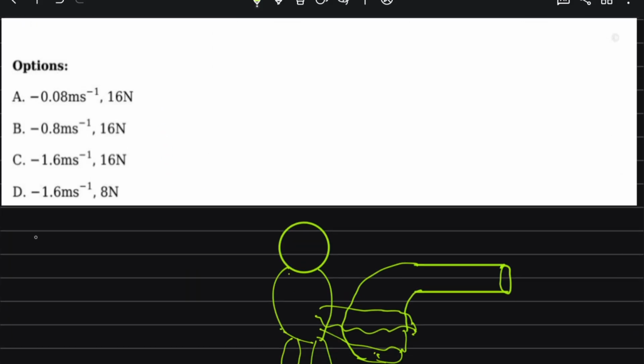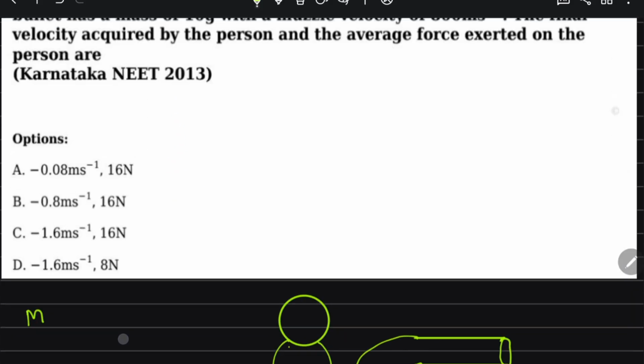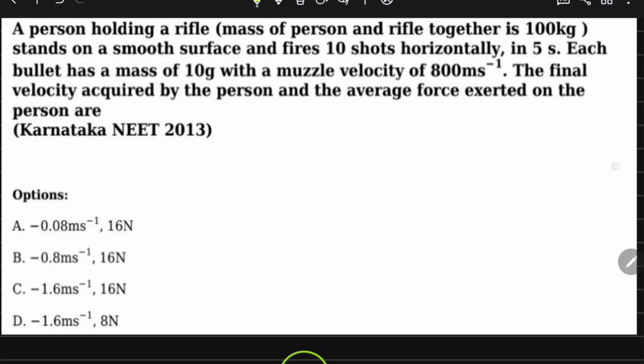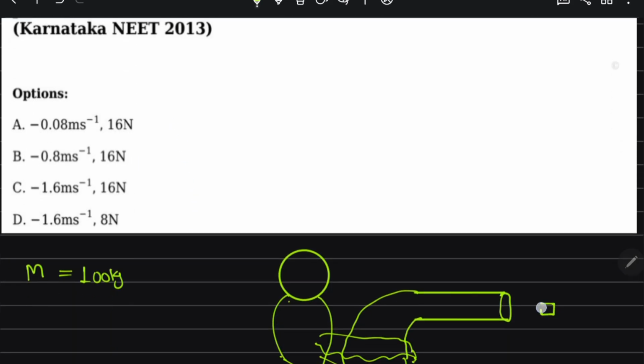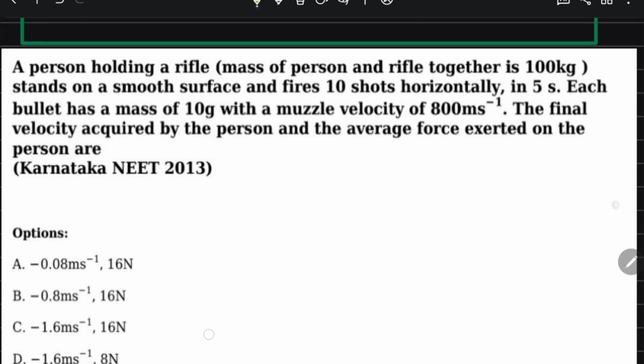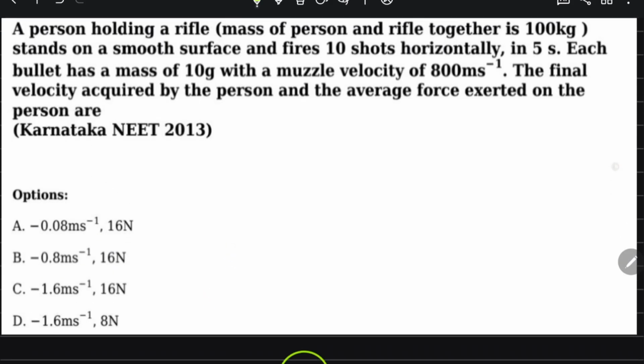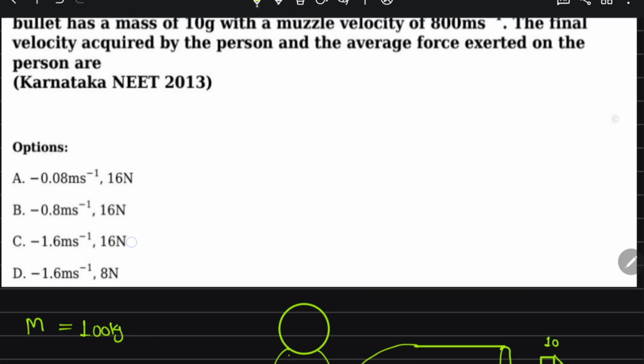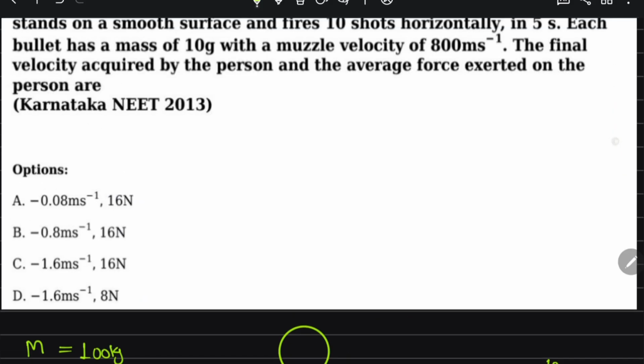The mass of the person and the rifle together is 100 kg. Stands on a smooth horizontal surface and fires 10 bullets in 5 seconds. Each bullet has a mass of 10 gram, means 10 to power minus 2 kg, with a muzzle speed of 800 meter per second.